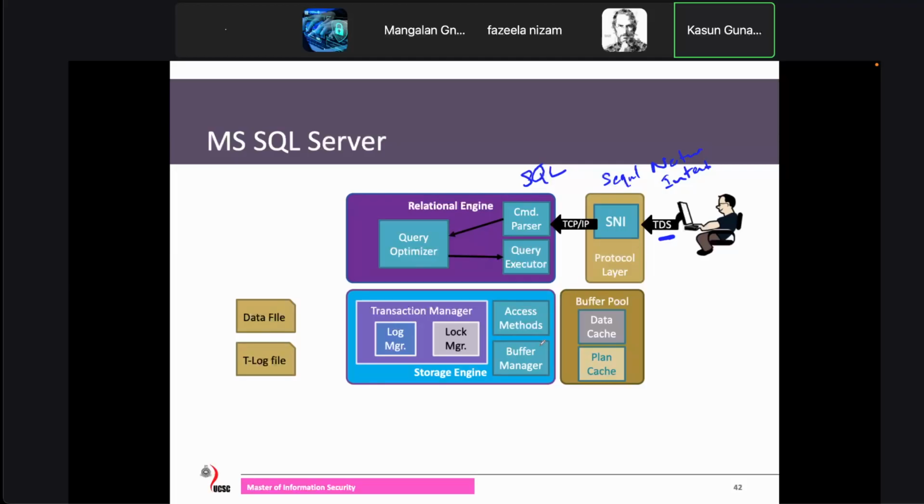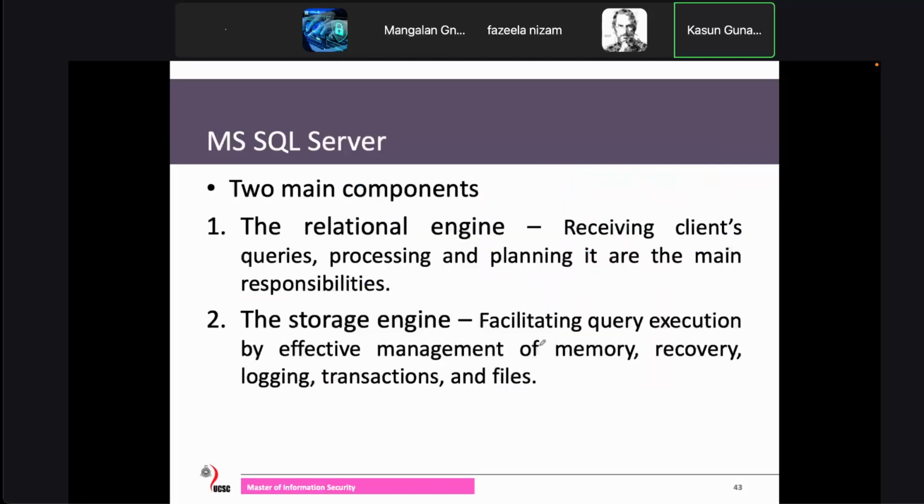I'm not going to go into details because it's not expected in this course to understand a very specific database server architecture. So, two main components: the relational engine and the storage engine.